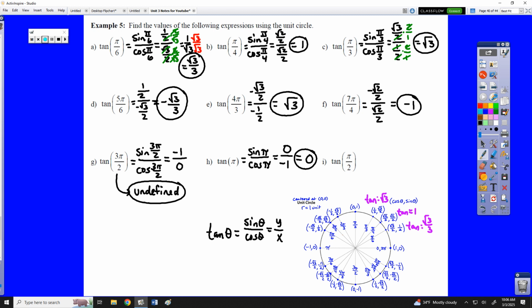Finally, for pi over 2, the sine of pi over 2 divided by the cosine of pi over 2. That is the same argument as 3 pi over 2, except the sine is positive 1. It's still divided by 0, which is undefined.